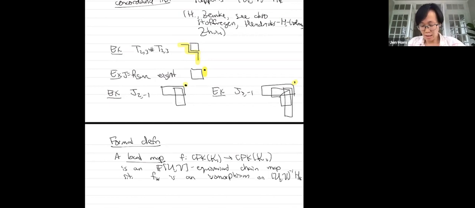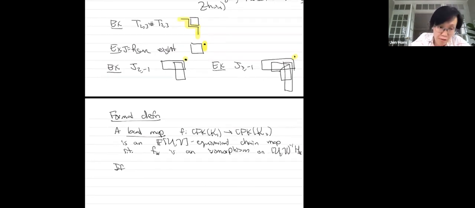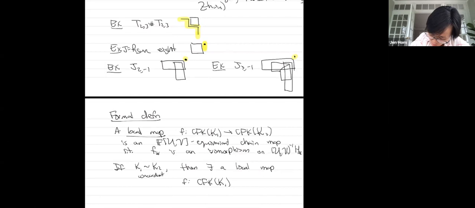This is an algebraic definition, but the point is that the maps induced by concordances satisfy this property. In particular, if K1 is concordant to K2, then there exists a local map F from the knot Floer complex of K1 to the knot Floer complex of K2.